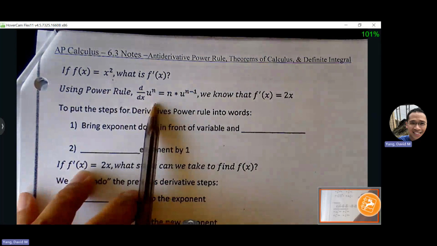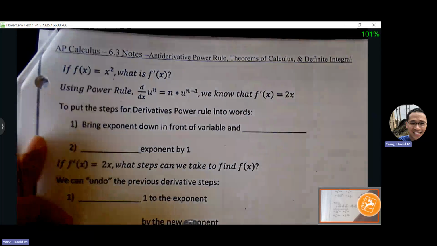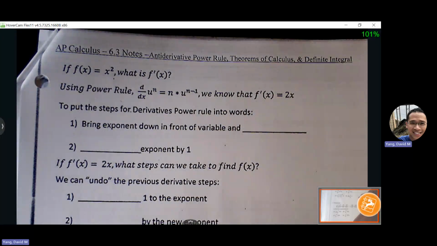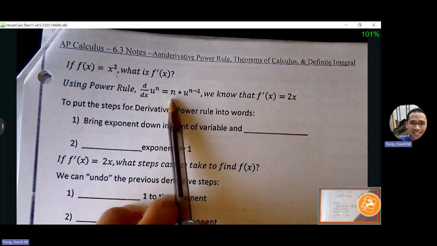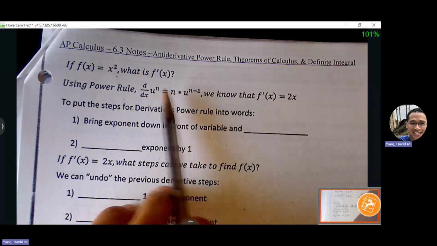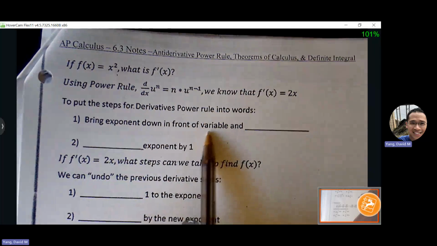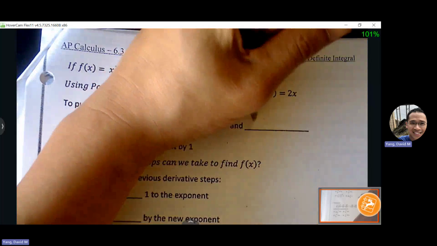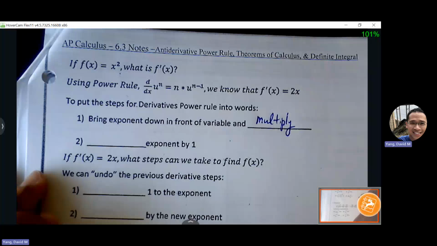Now, the power rule for derivatives and the power rule for integrals are just different sides of the same coin. It's the same process, we're just going backwards. So if you think about the power rule for derivatives, you bring the exponent down and multiply it with the coefficient in front.